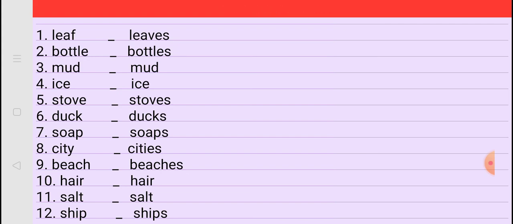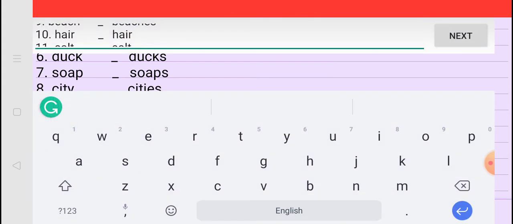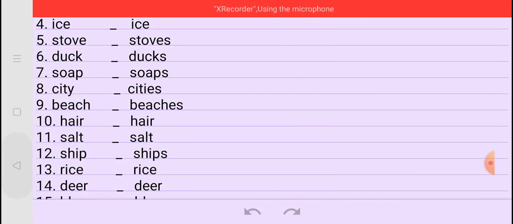Question number 5. Stove. As it is ending with e, we will include one s along with the plural word, that is stoves. Number 6. Duck. We will add one s along with this. So the answer will be ducks. Number 7. Soap. Soaps. City, this you have come across.